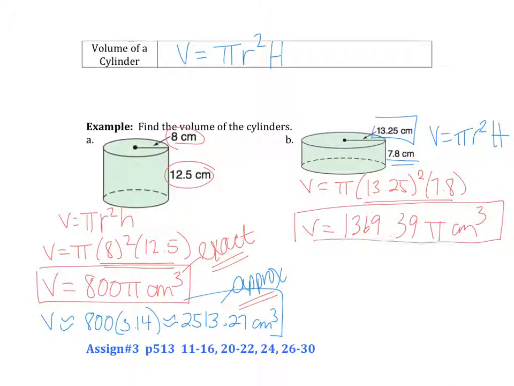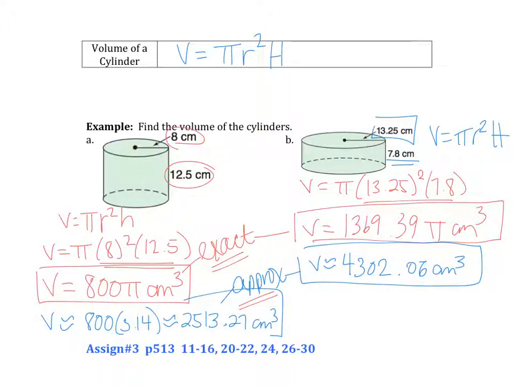That's again my exact. And then my approximate answer using that pi button on your calculator, or 3.14, so I shouldn't have an equal sign. I've got approximately 4,302, I'm going to round this to 4302.6 centimeters cubed. And that's then your approximate value.